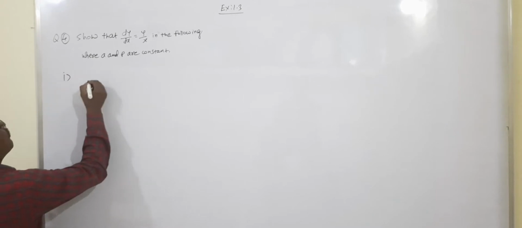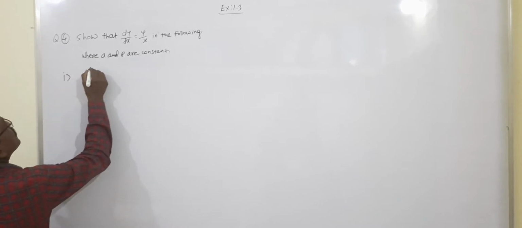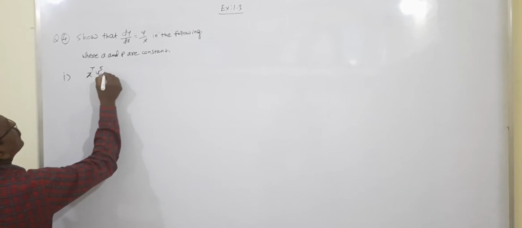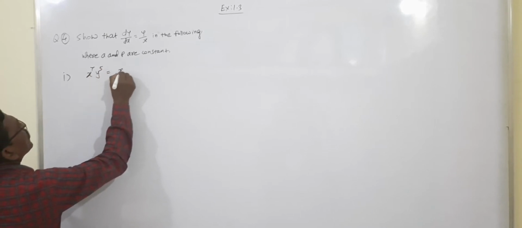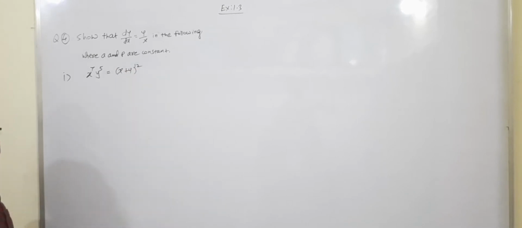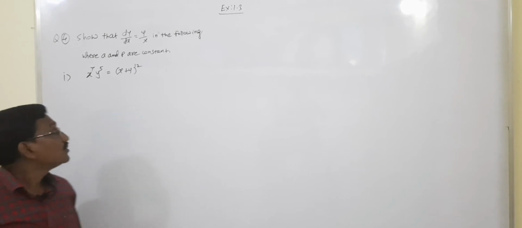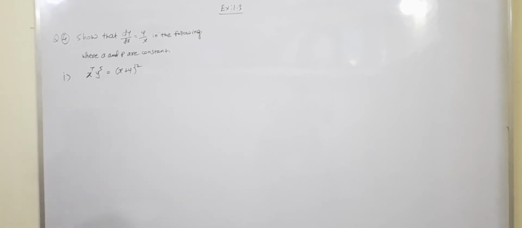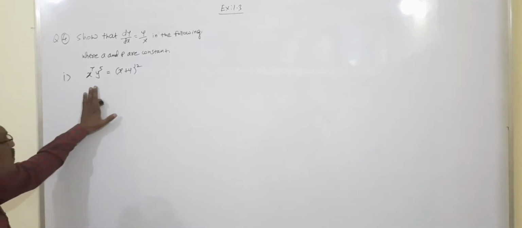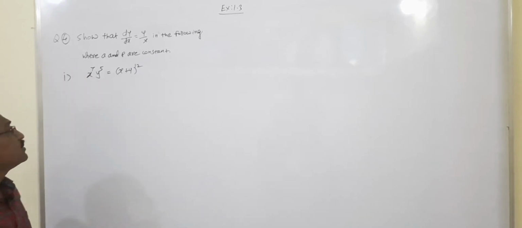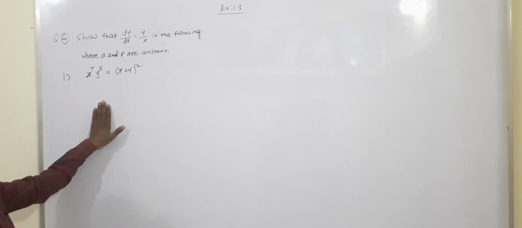first example, x to the power 7 into y to the power 5 is equal to x plus y to the power 12. When we solve this example, we take log on both sides because here it is a product of two functions.